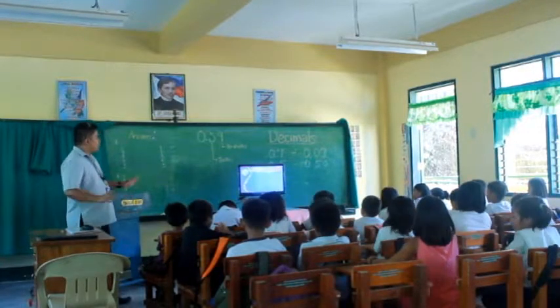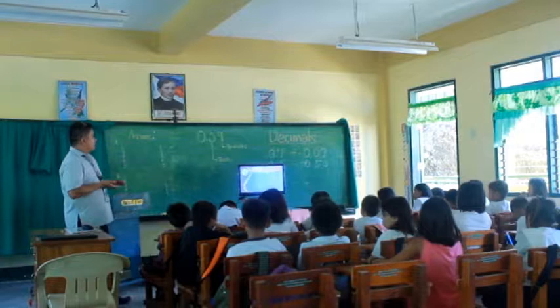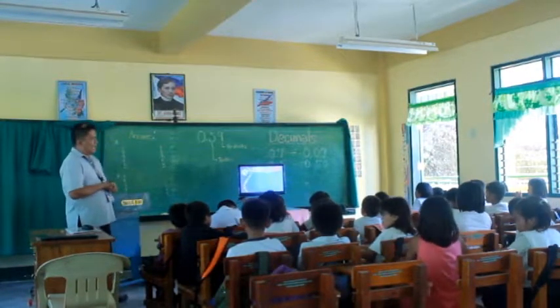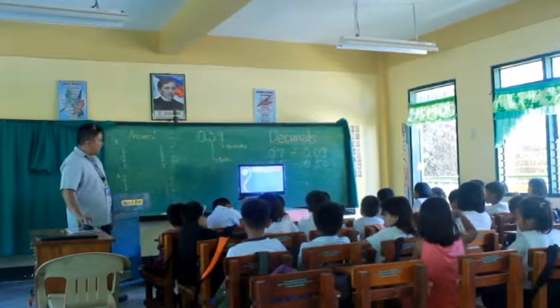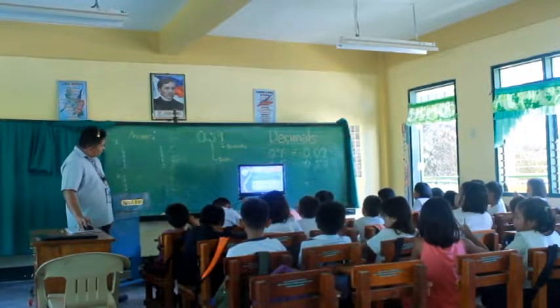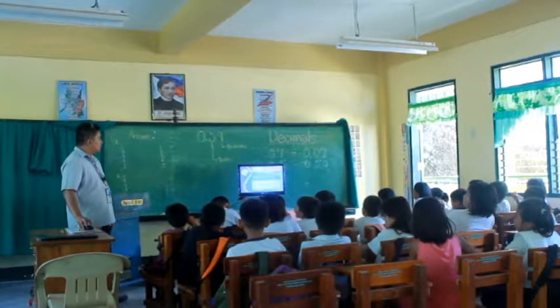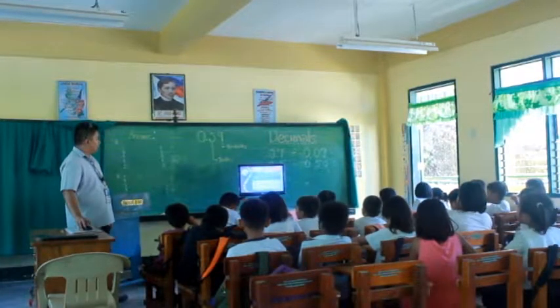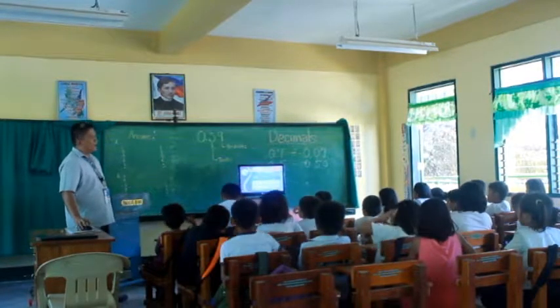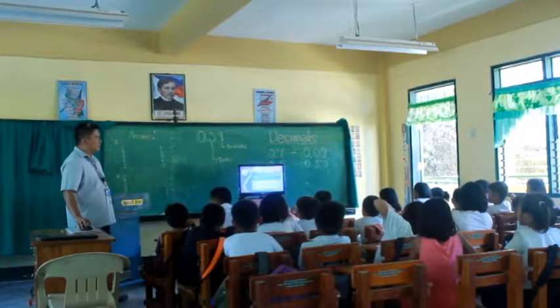Okay, so first one is give the place value and the value of the underlined digits. There are numbers here that have underlined digits. So we will try to see if we can identify the place value and the value of the digit.